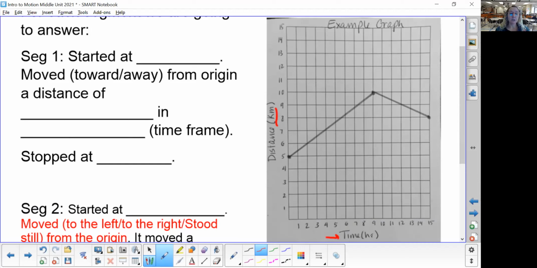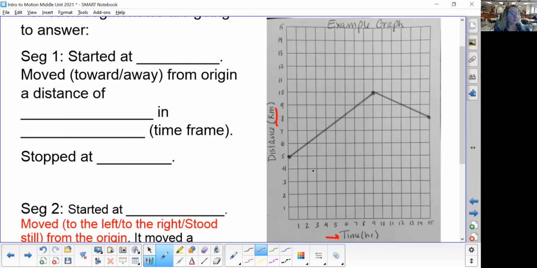If I change it to miles per hour, we're probably talking about a car moving or something. If I say kilometers per hour or miles per hour, hopefully in your brain you're thinking how fast something is going. That's a speed. The slope of a position time graph is speed.